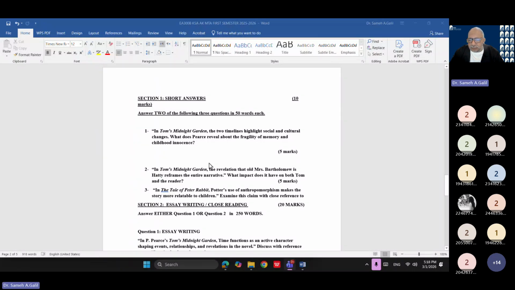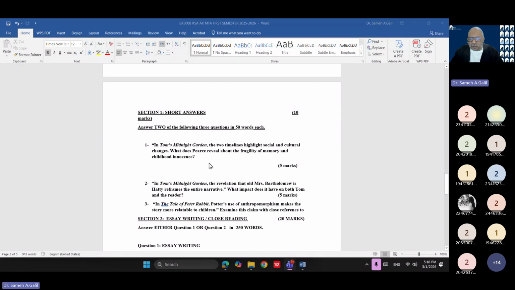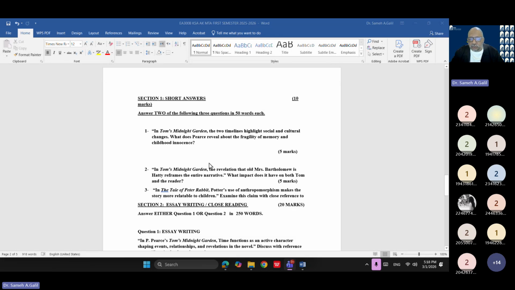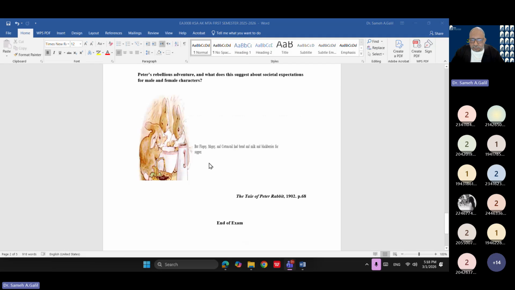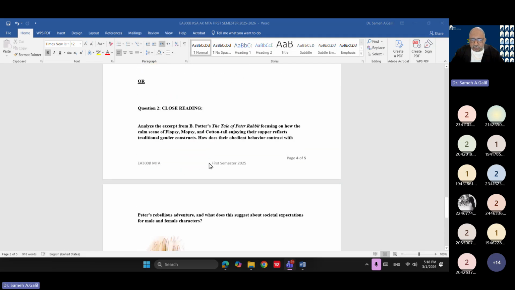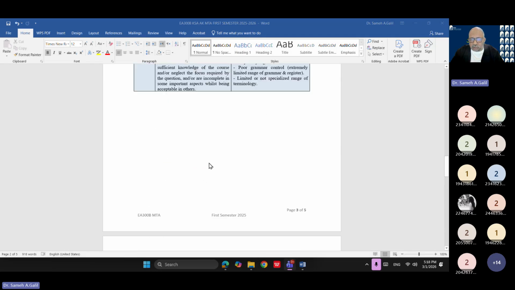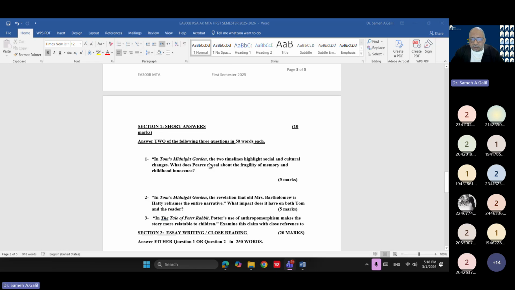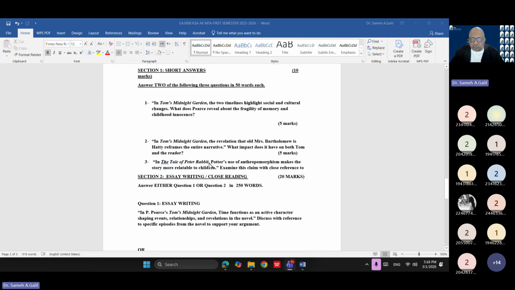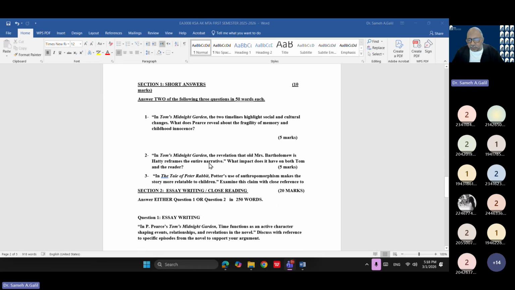Again, like I said, the exam is divided into two sections. You have a short answers section and you have a long answers section. Let's perhaps focus on the short. These are some of the questions, for example. Answer two of the following three questions.